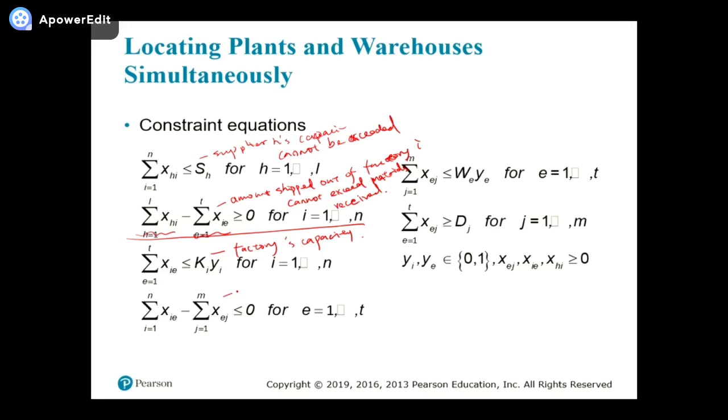And then similarly, this is the flow balance constraint for warehouses. The outflow from the warehouse cannot exceed the inflow.